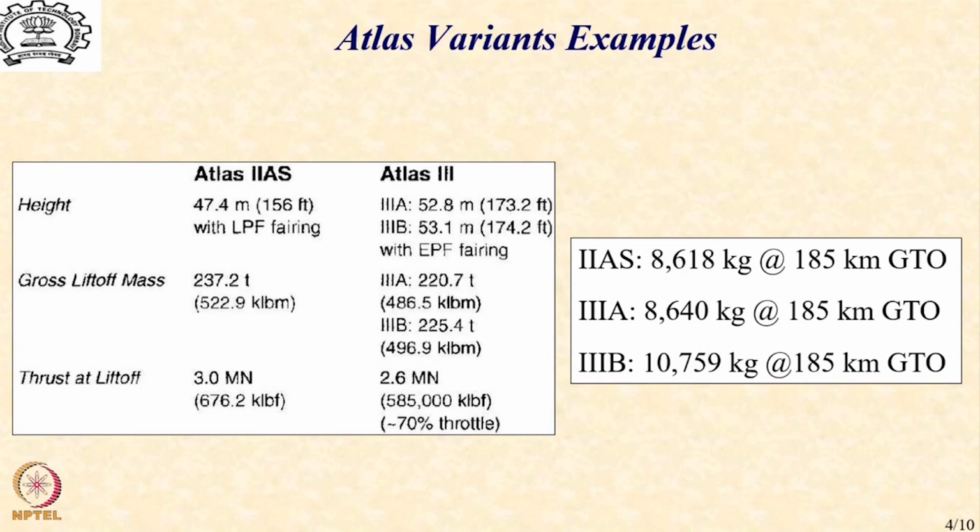So we realize that the variants are essentially slightly modified versions of a base configuration which defines the family, which would mean that Atlas as a generic name would have a base configuration and then it would have a number of variants. I would suggest that you look at literature to find out which are other variants of Atlas and what kind of missions they can and are expected to perform.